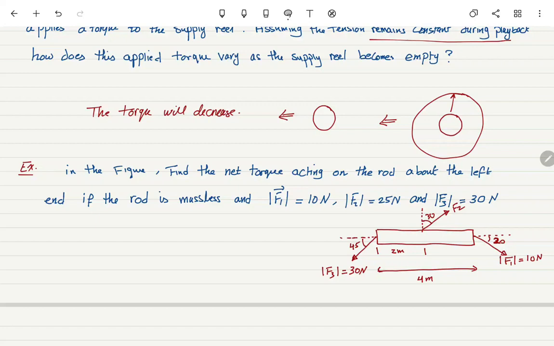In this question, we look for the net torque acting on the rod. As we mentioned before, the net torque is the vector sum of all produced torques. So the torque equals torque 1 plus torque 2 plus torque 3, and that's it.